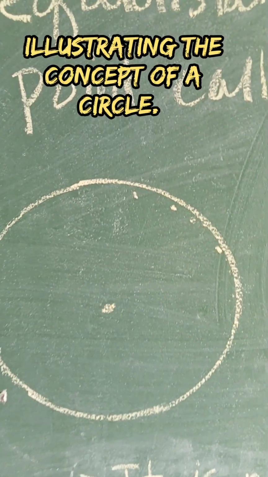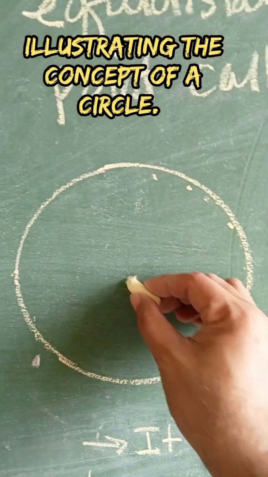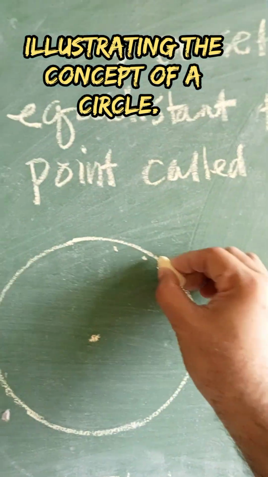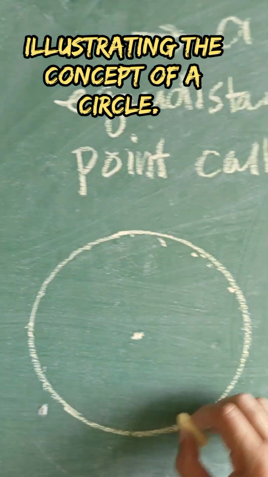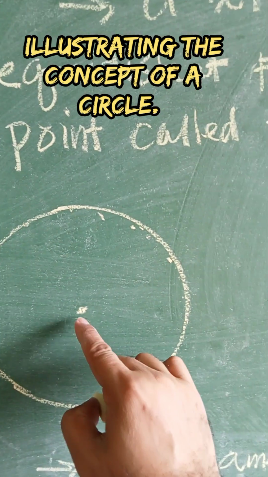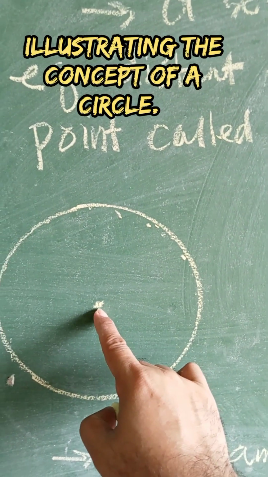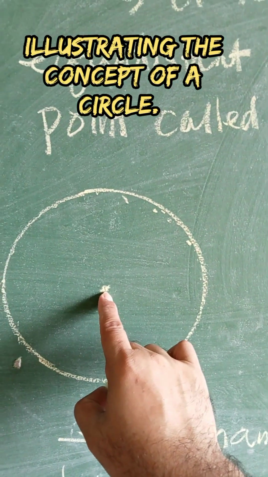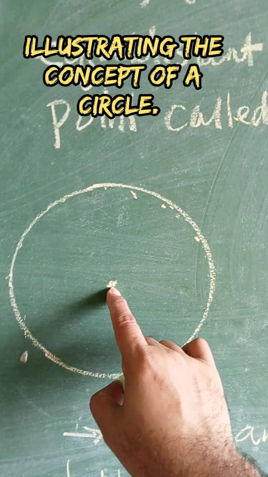And you have now what we call a circle. So this point here is what we call the fixed point, and this set of points here are considered equidistant from this fixed point called the center. So this steady point here is considered the center of a circle.